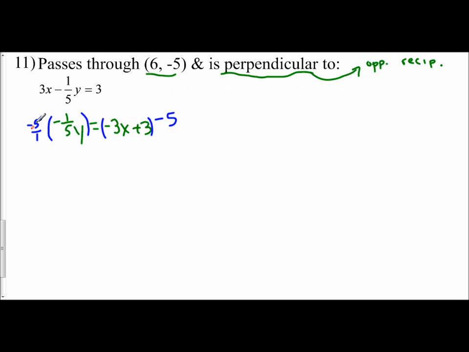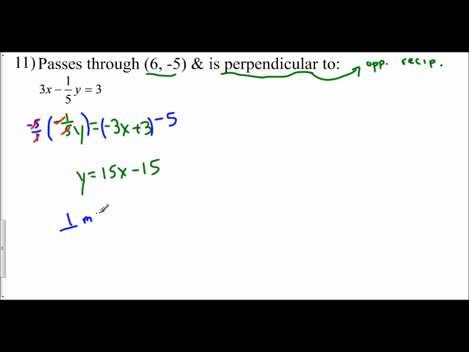The negatives cancel, the 5's cancel, the 1's cancel. And so I'm left with just my y. -5 times -3x gives me 15x, and -5 times 3 gives me -15. And so I have y equals 15x minus 15.